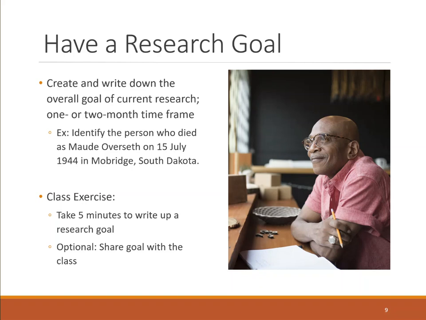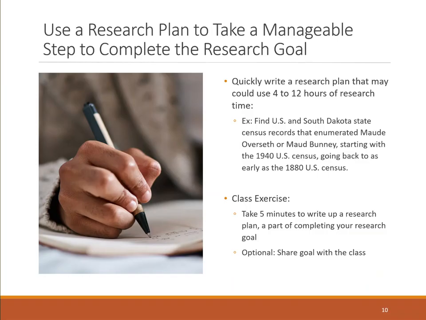And I have a specific objective, which means looking straight up this one line. Or an example here, identify the person who died as Maud in South Dakota. We won't do this in this video, but you just put this down, and it can be a 1 to 2 month time frame. Then you sit down, and that's the goal.